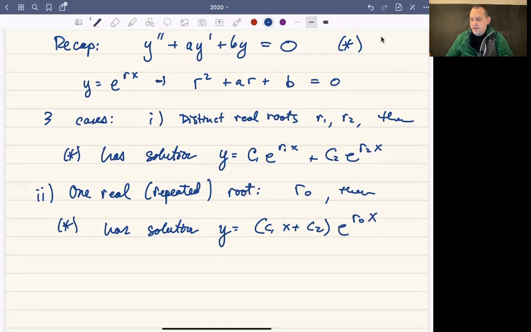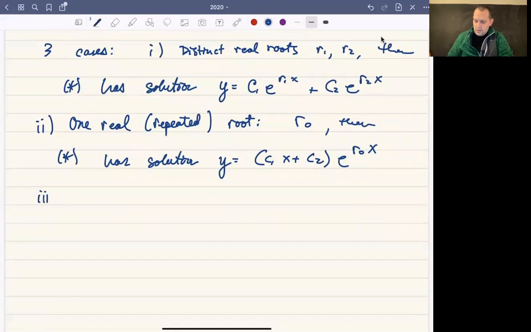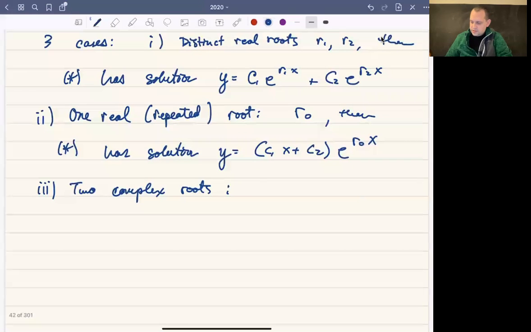But finally, in the third case, we have two complex roots. Let me use alpha and beta. So let's say our two roots are alpha plus or minus i beta.